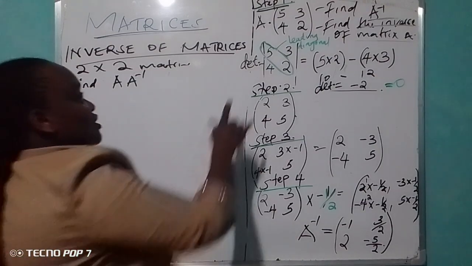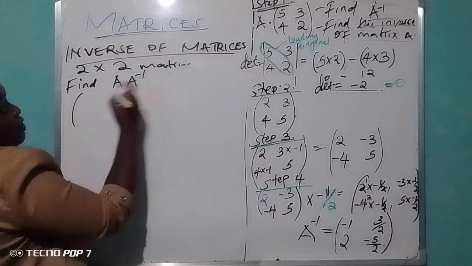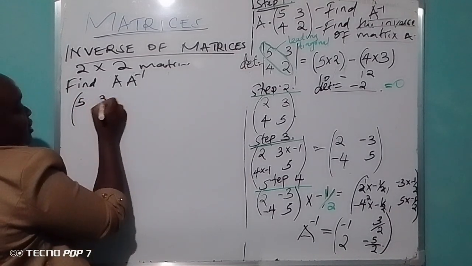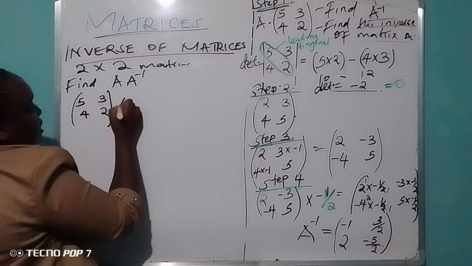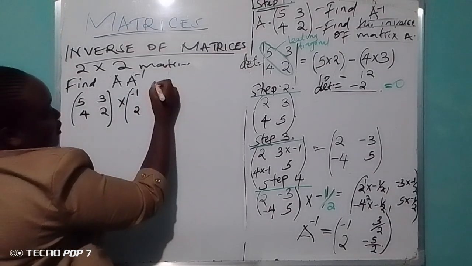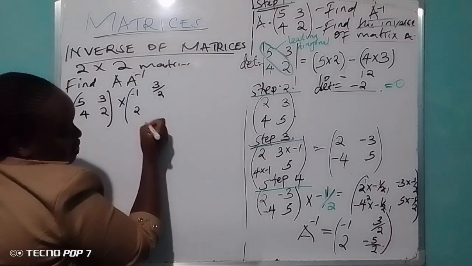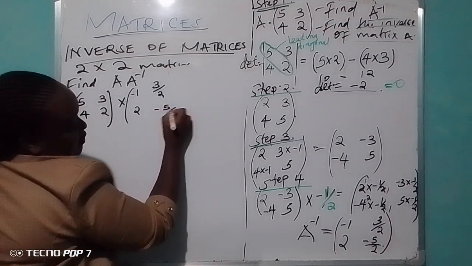Multiply matrix A times its inverse. Okay? So utakuwa matrix A is 5, 3, 4, 2 times -1, 2, 3 over 2, then negative 5 over 2.